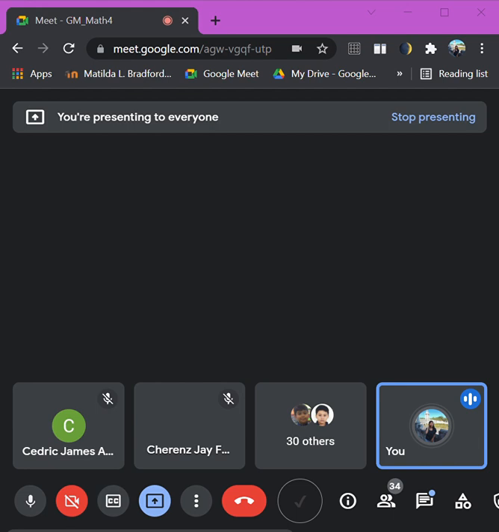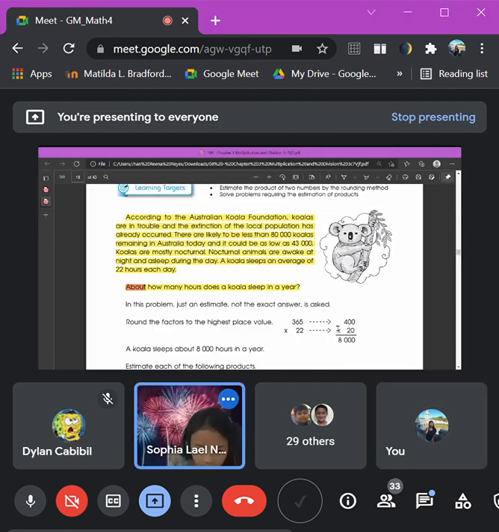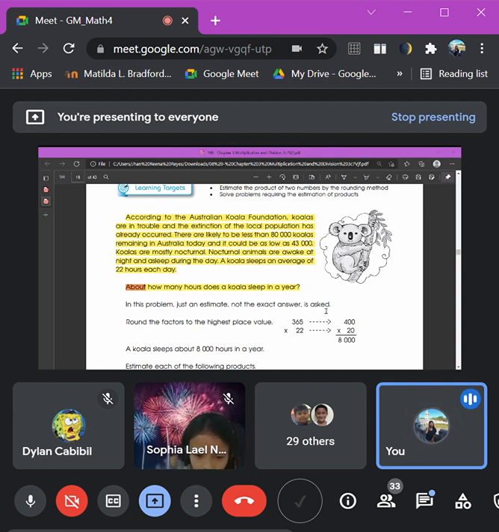So why did it become 400, teacher? We estimated it, or we round it up to the highest place value. The highest place value here, class, is our hundreds place. And then to round up, we look at the next number. If that is 5, 6, 7, 8, or 9, we are going to round it up, or add 1 to our highest place value.